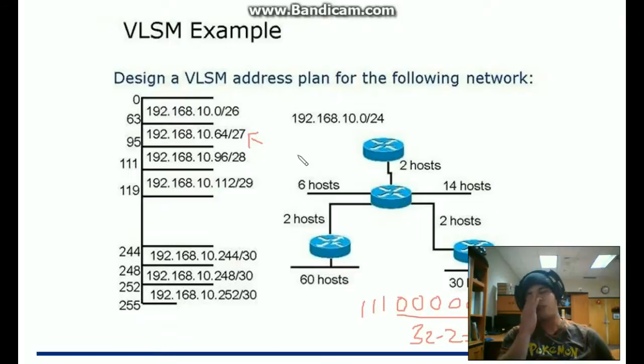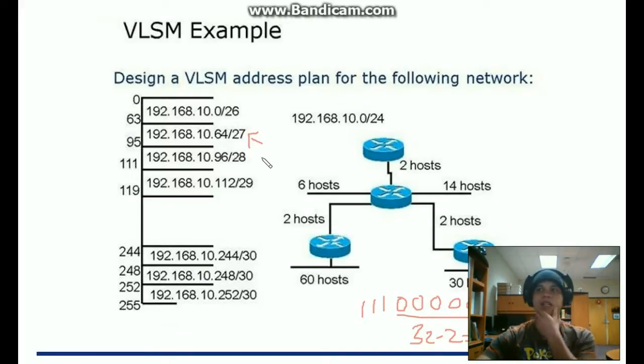Now, one reason why you want to start with the biggest network and go smaller is when it comes to these network IDs or subnetwork IDs, they can only be placed in certain sections. All right.